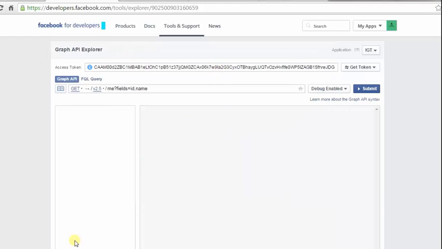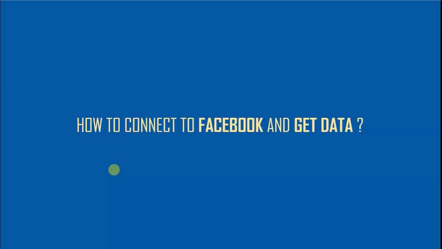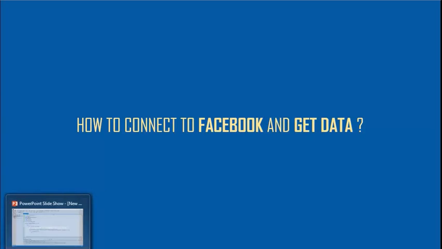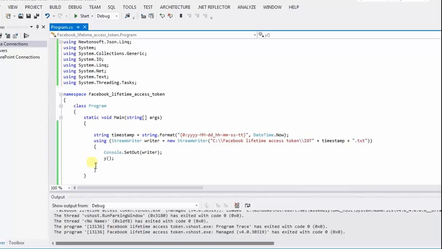So now we have learned how to get the access token. Now we can learn how, using that access token, we can connect to Facebook and get the data from there. We are ready with our app ID and secret code, and also our access token. So you need to write a C# program.